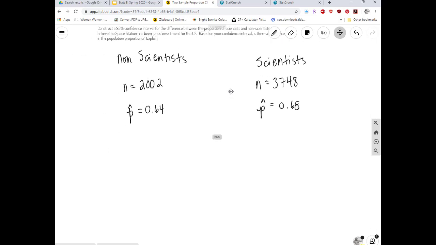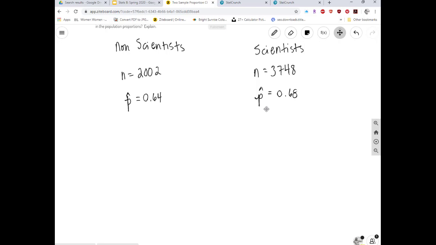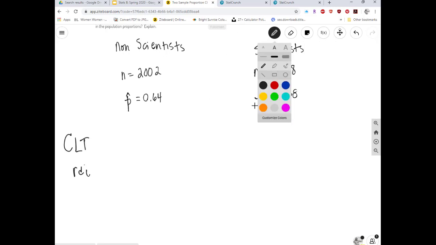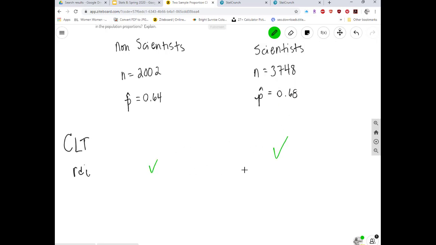I'm going to go ahead and check the central limit theorem for both, CLT. I'll do random and independent. The scientists said they were randomly selected. It doesn't talk about independence, but they did say that the two samples weren't related. So that looks like it fits.